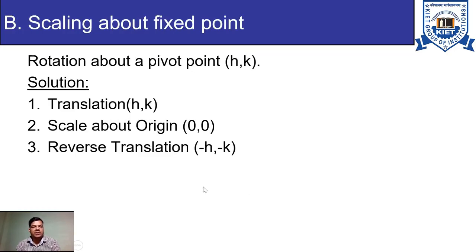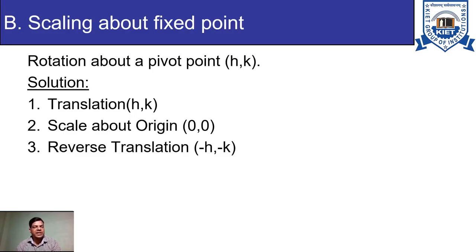As we have seen the rotation about pivot point, similarly we could have a scaling about origin as well as scaling about the fixed point. The matrix that we have discussed, that is Sx 0 0, 0 Sy 0, and 0 0 1, is the matrix where scaling is done about origin.